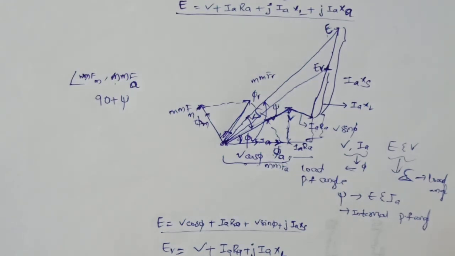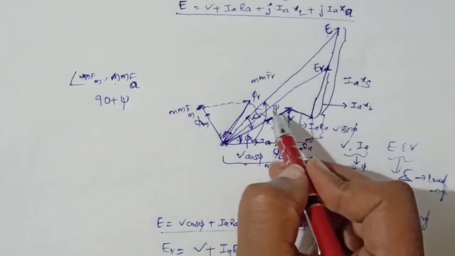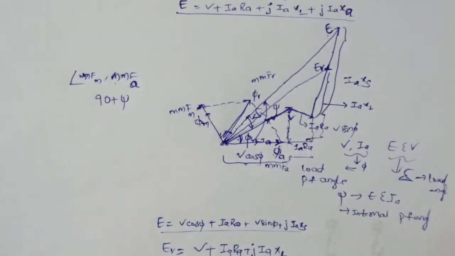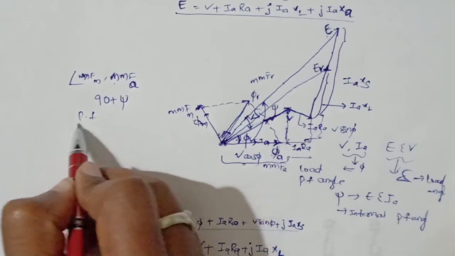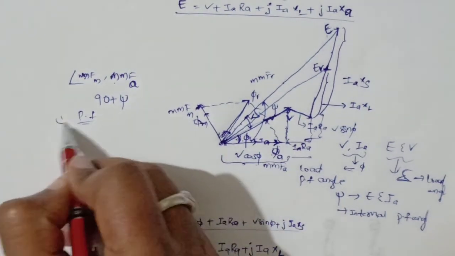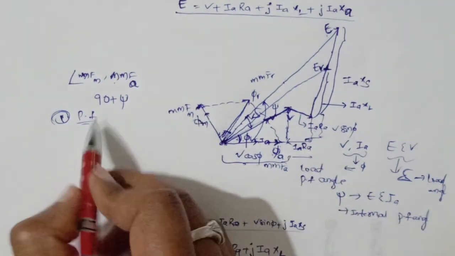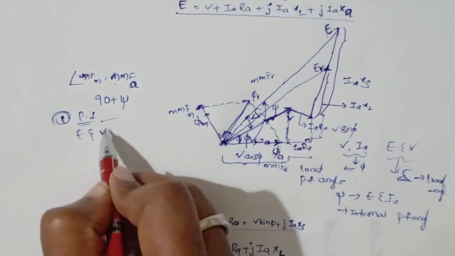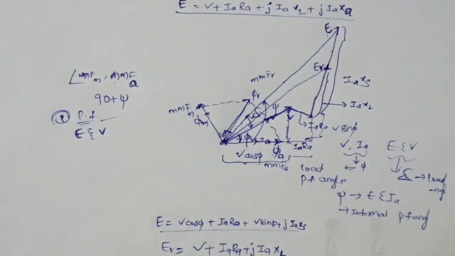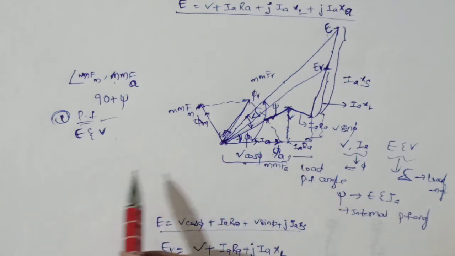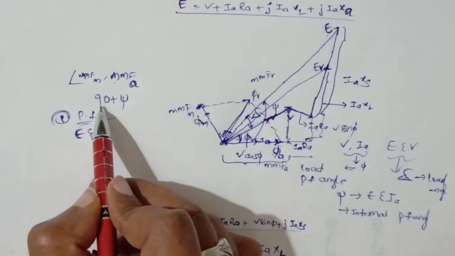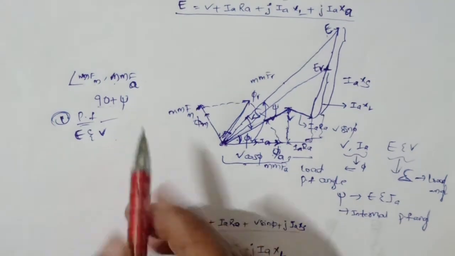Now here the air gap field is present, so there will be some angle between E_R and E. If I gave you the power factor angle, this is an important model, just an example, and if I gave you the angle between E and V, and asked for the angle between the main field MMF and the armature field MMF, we know the angle is 90 plus psi.